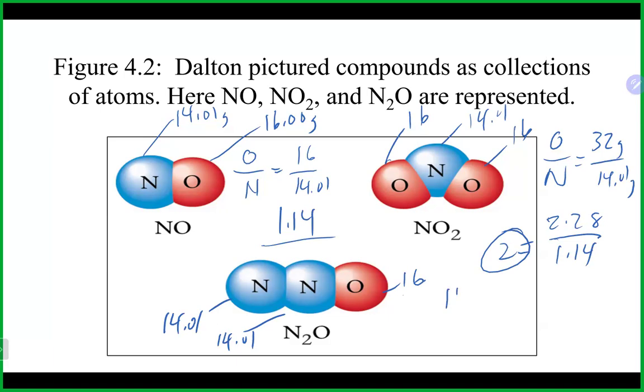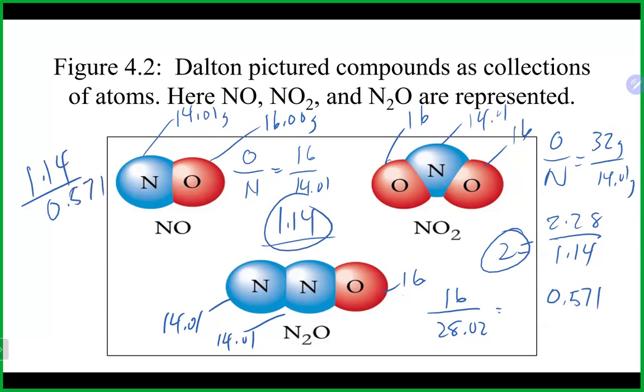So if we take the oxygen to nitrogen, 16 grams divided by 28.02, I get this number here, 0.571. And if I take this ratio, for example, 1.14 divided by 0.571, I also get a ratio of about 2.